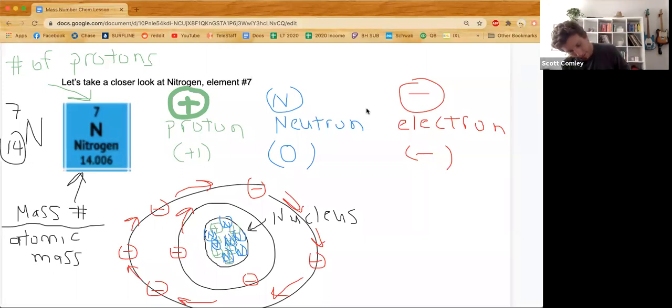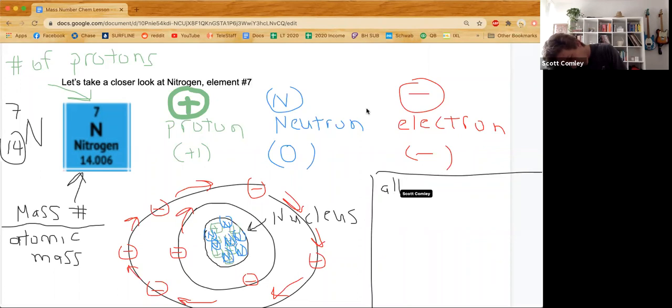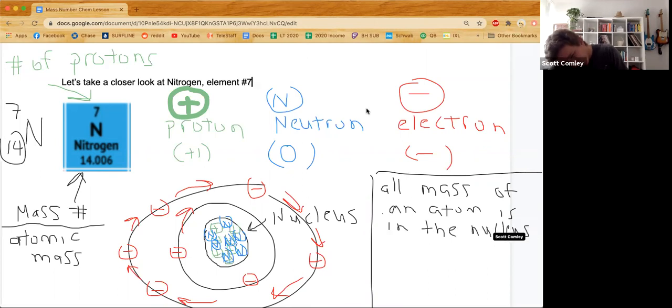Now, here is a very important part. All mass of an atom is in the nucleus.